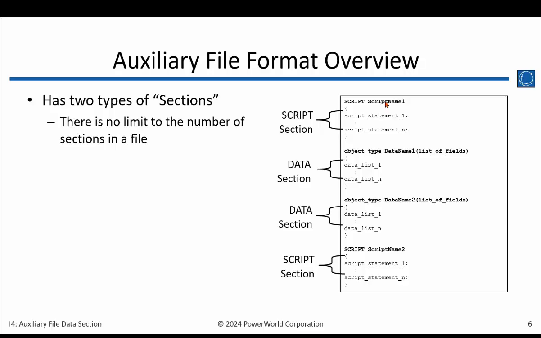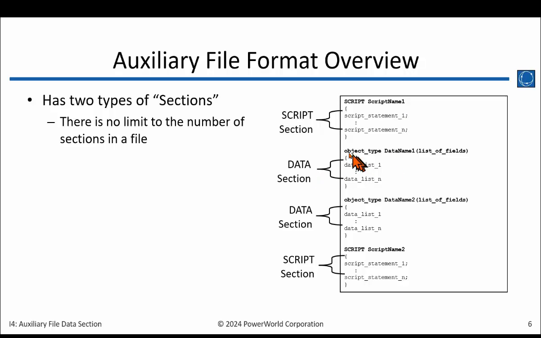That's an option with the load script command, for example. And then inside curly braces, it'll have one or more script statements that'll just be executed in order. They'll always end with a semicolon.